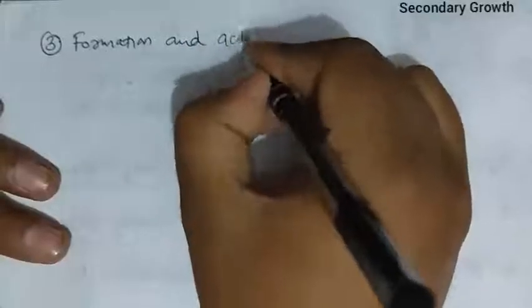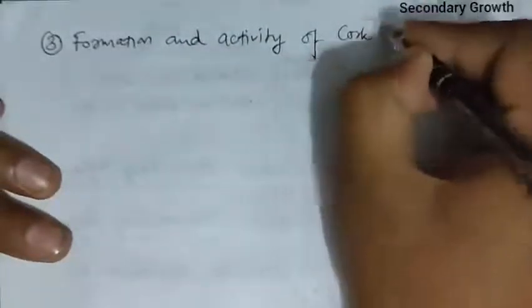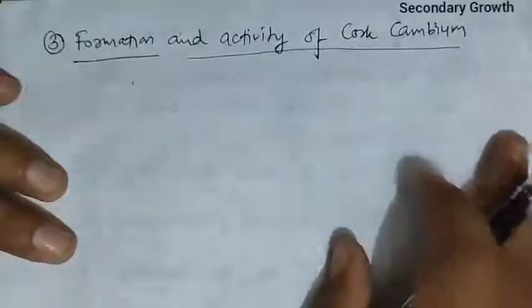Now after this, the next third part we discuss is the formation and activity of cork cambium.